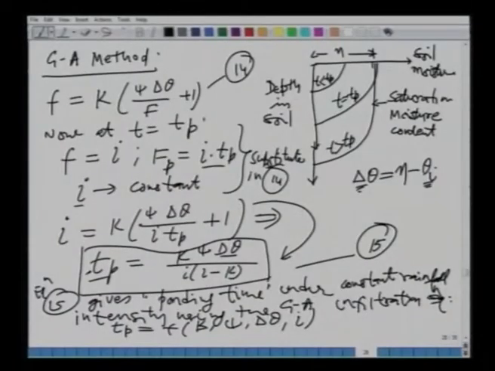Because of the negative sign, it is an inverse relationship: higher theta I, lower Tp; lower theta I, higher Tp. It should be easy to see that.